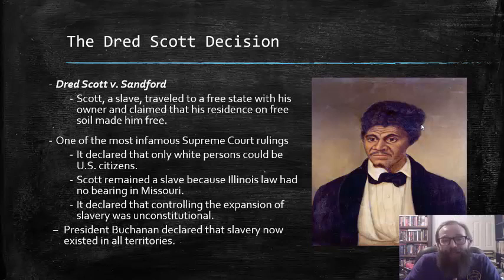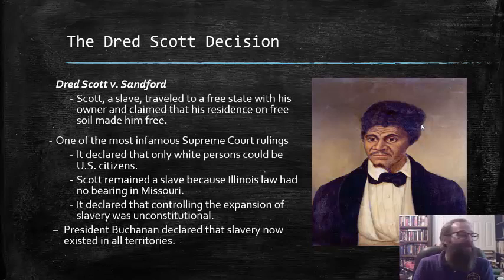It also declared that controlling the expansion of slavery, or the government's control of the expansion of slavery, was unconstitutional, that only the people could decide whether they wanted slavery or not in their particular territories or states. As a result of this decision, President Buchanan, a pro-slavery Democrat, declared that slavery now existed in all territories.